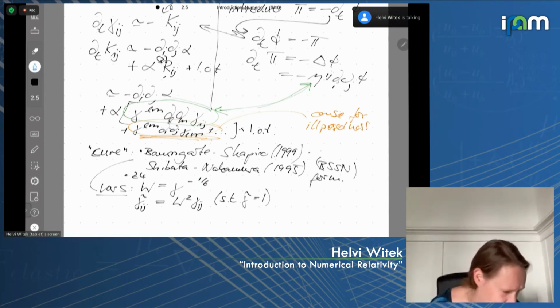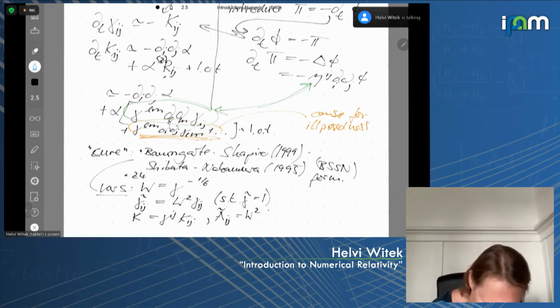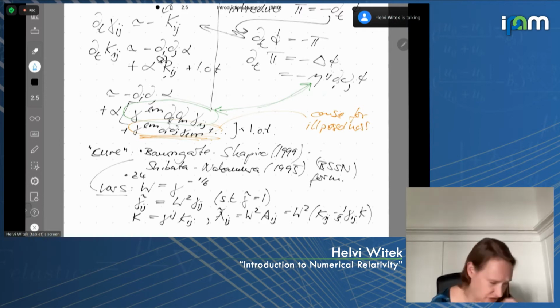Then we also decompose our extrinsic curvature into a trace and a trace-free part. The trace-free part, let me call this Aij, also has a conformal decomposition attached to it. So here we have Aij minus 1/3 gamma ij times the trace, the trace-free part.